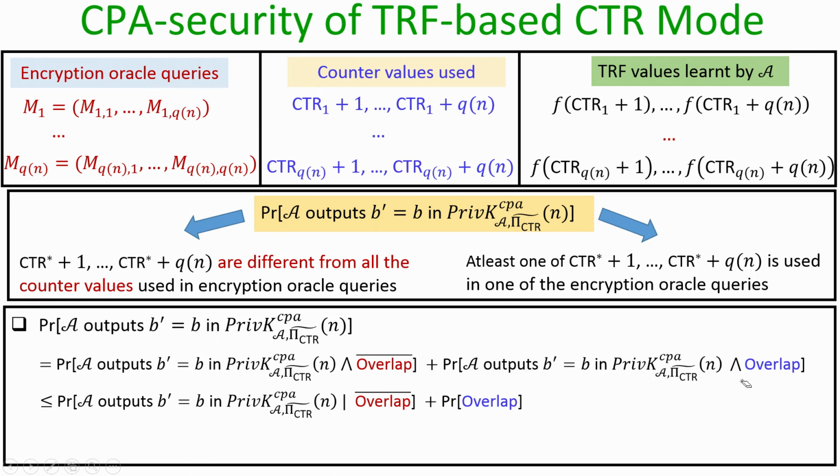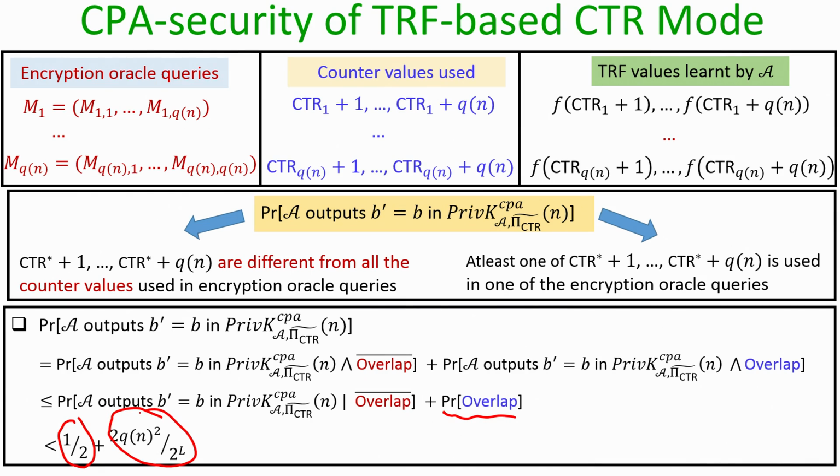So, I am simply applying simple rules of probability here. The first probability term is retained as it is, and now we know the values of both the terms. The first probability is 1 by 2, because if the event overlap does not occur, then the situation is the same as in the case of q n independent instances of OTP, in which case we know that the probability of the adversary winning the CPA game is 1 by 2, and the probability of overlap we have already computed to be this quantity, 2 q n square by 2 power l.